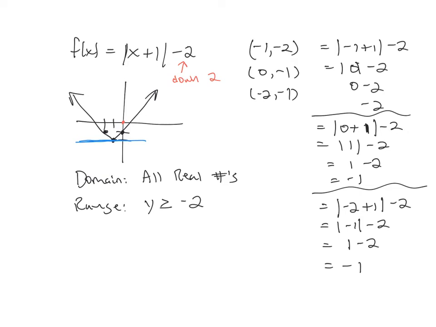And then this one, +1, that's horizontal, or it's an inside, so it's horizontal. And we said, well, instead of +1 to the right, we do opposite and go 1 to the left. And didn't the whole graph move 1 to the left? It went 1 to the left and down 2.